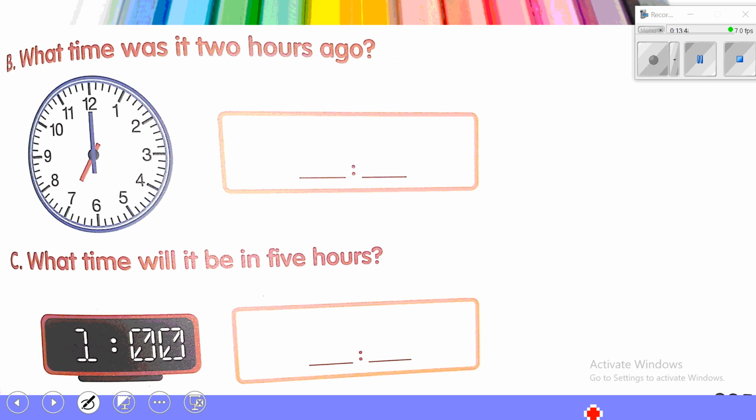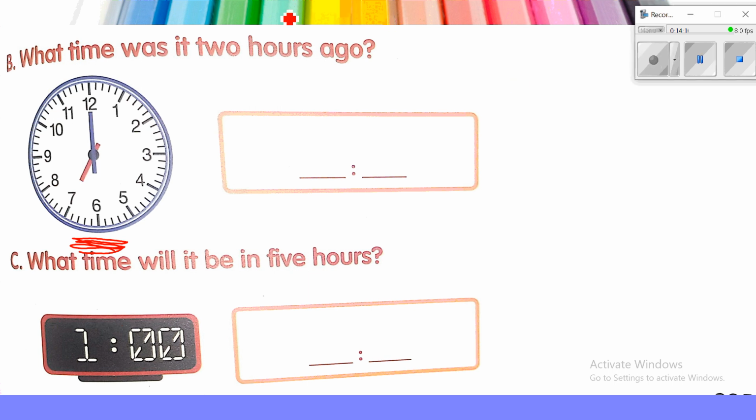Here is, write the time. What time was it 2 hours ago? But the time is here. Yes, what the time is here?